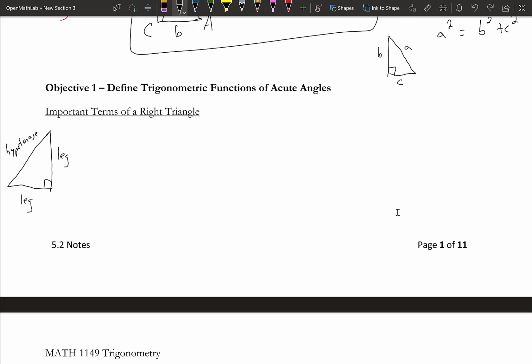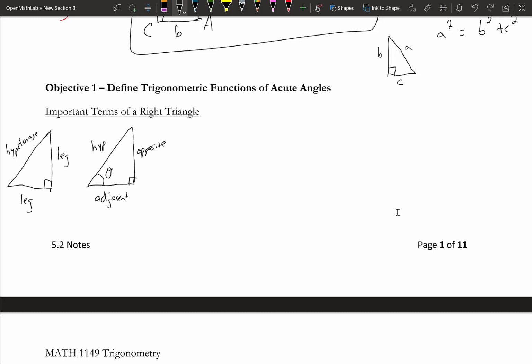Some other terms that we need. If I have another right triangle and I label this angle theta, then this is still the hypotenuse, the longest side across from 90 degrees. But the side that's touching the angle we're considering is called the adjacent side. And this is called the opposite. It's opposite the angle.